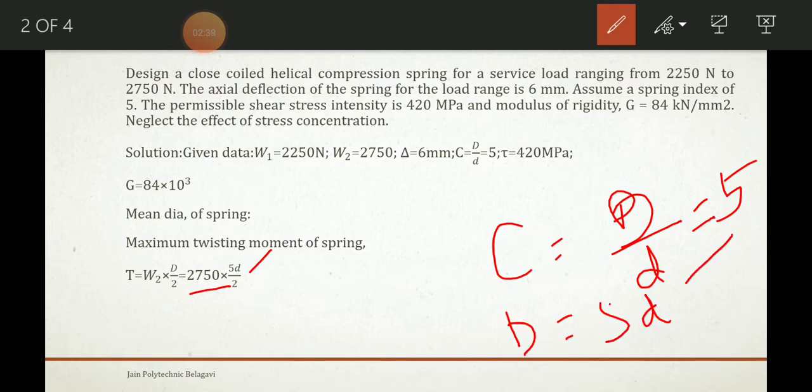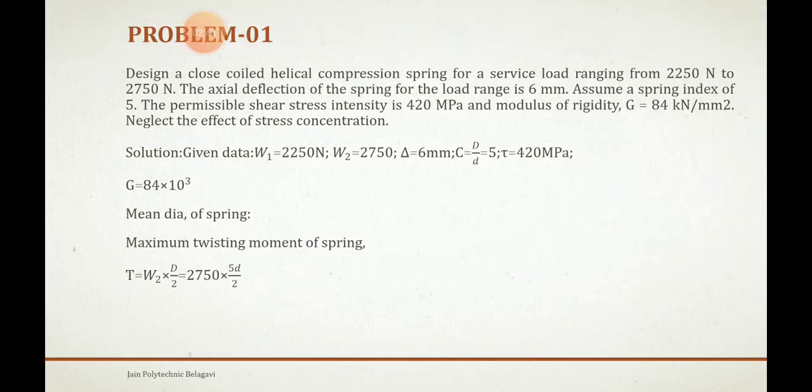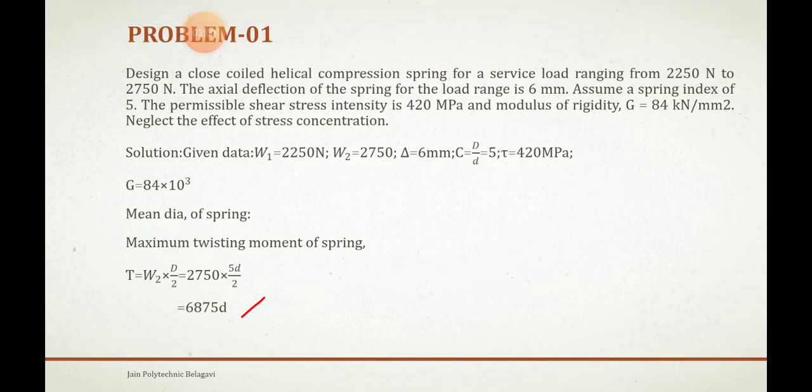Just shift this 5 to the other side. So this is what you will get when you solve it, that is 6875 into d. The answer you will get in terms of d. So we have to calculate d. So how to calculate? Let's see.